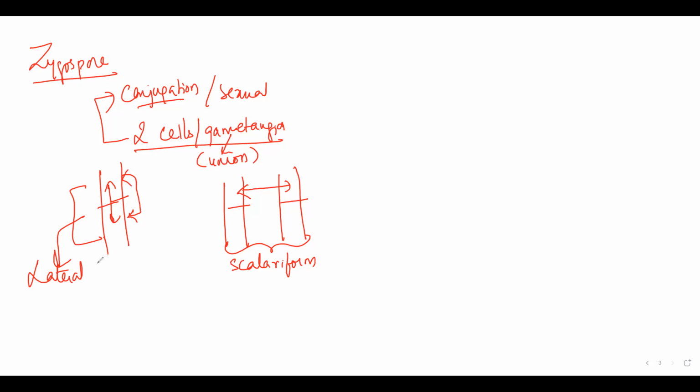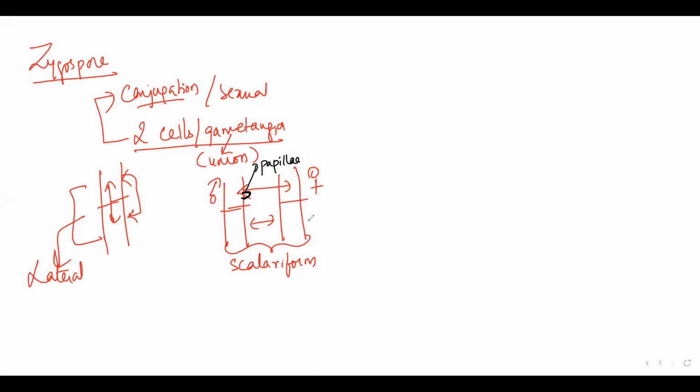So, remember that the two filaments come and lie opposite and parallel to each other, right, that you can see in this procedure. So now what happens is, one of the cells will be acting as a male and the other acts as female, and the male filament is going to produce, first of all, a small protuberance like this, an outgrowth like this, that you can call a papilla.